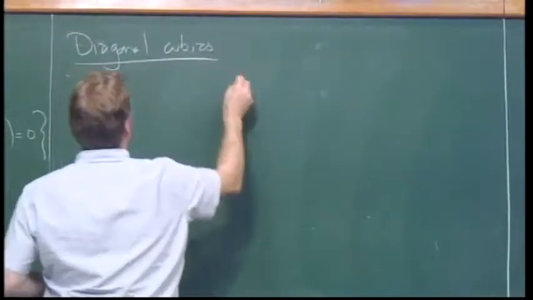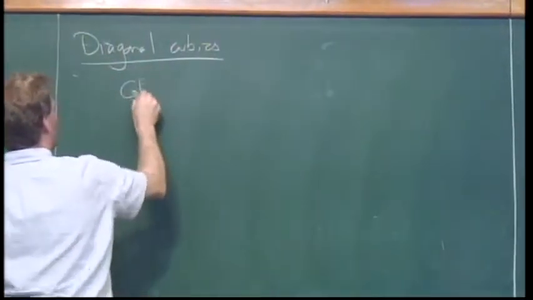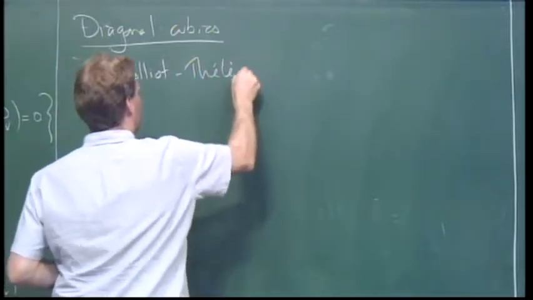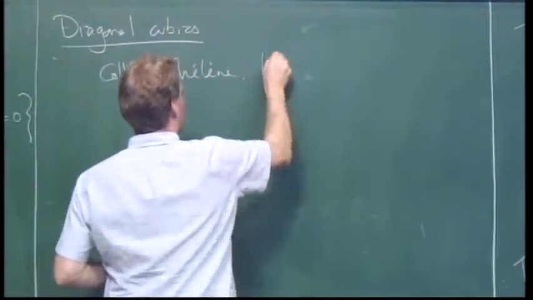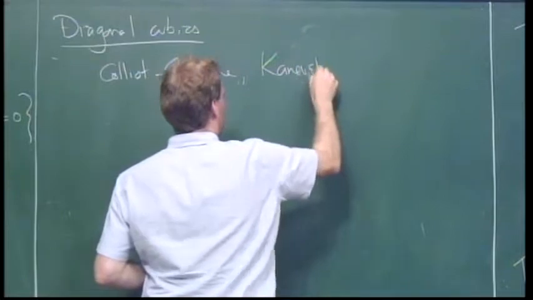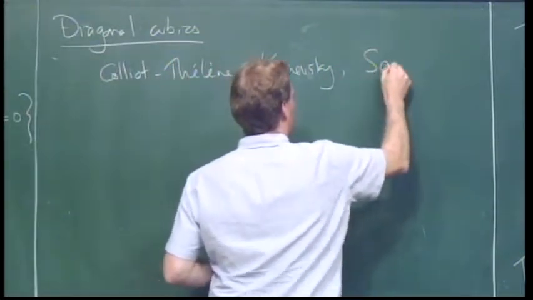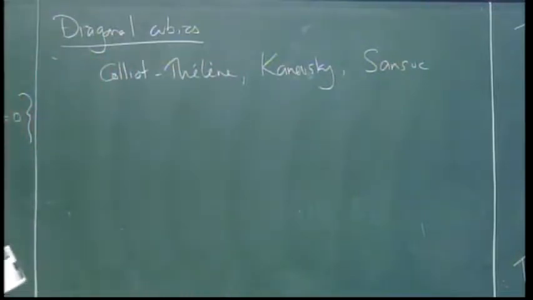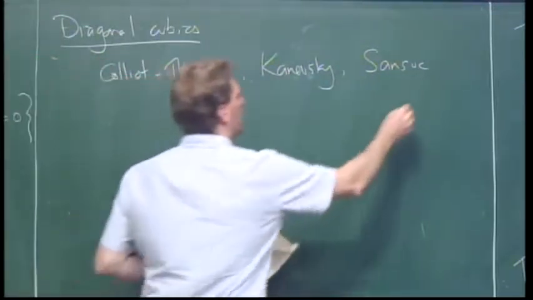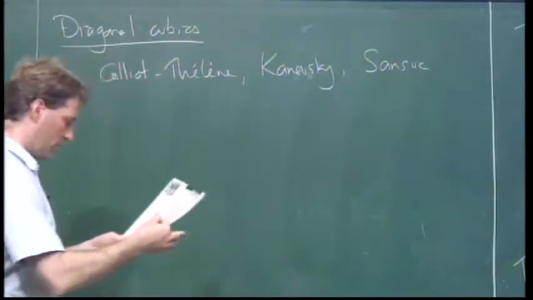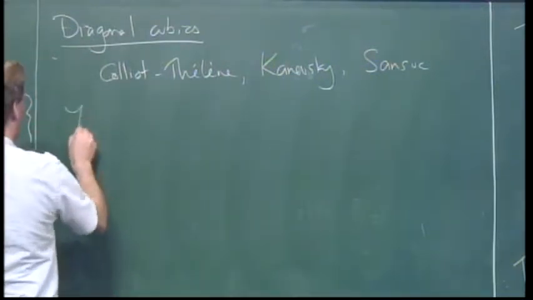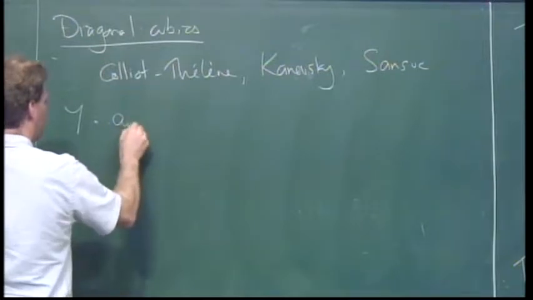So there's a paper which entirely solved this problem, by Colliot-Thélène, Kanevsky, Sansuc. I don't have the year, but I think it's maybe 82 or something. So what did they work out? Let's take Y to be this thing.